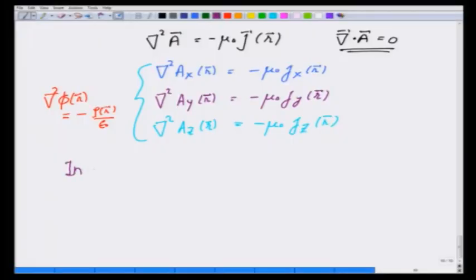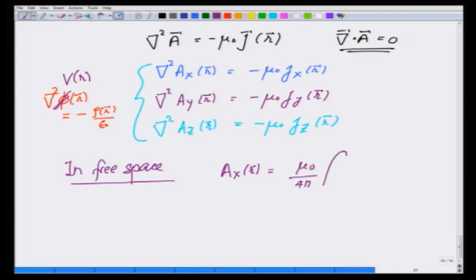So, in free space, we already know the solution for the electrostatic potential. Oh, I have been using V(r), so I should be using V(r). In free space, therefore, A_x(r) is going to be equal to mu 0 over 4 pi integral of J_x(r prime) over modulus of r minus r prime dv prime.